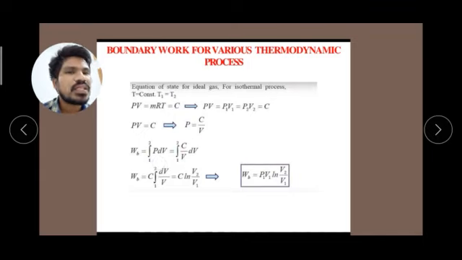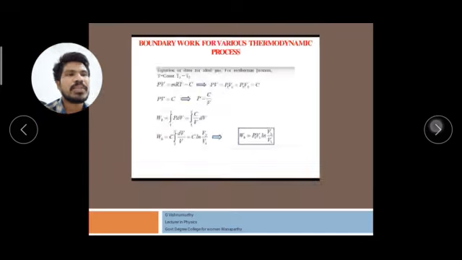Then we get the integral from 1 to 2 of C by V dV. Here C is a constant, so it comes out of the integration. Therefore C times the integral from 1 to 2 of dV by V is equal to C ln(V2 by V1). So it is written as WB is equal to P1V1 ln(V2 by V1). This work is the boundary work for the constant temperature process.